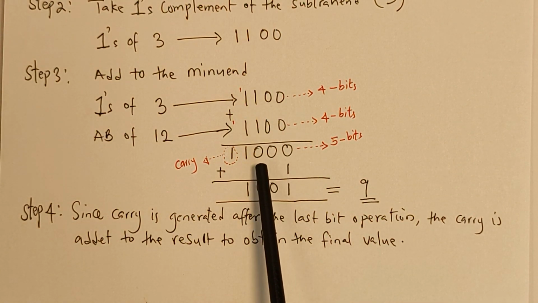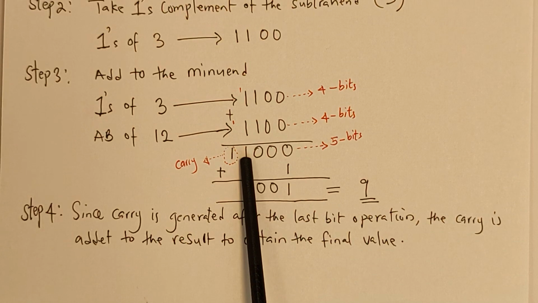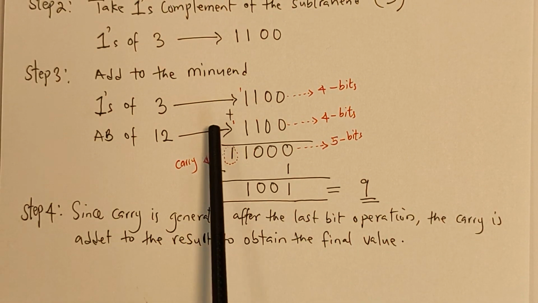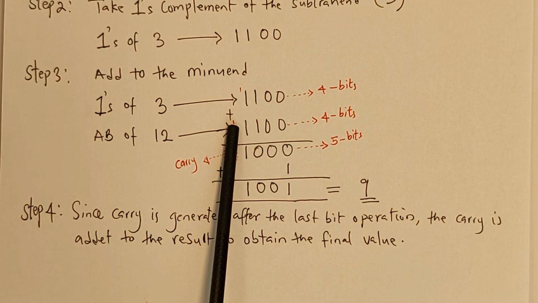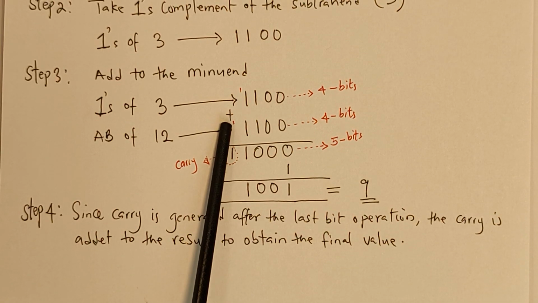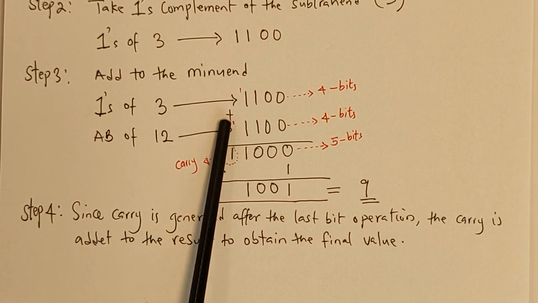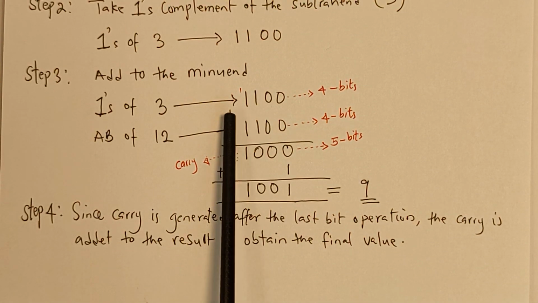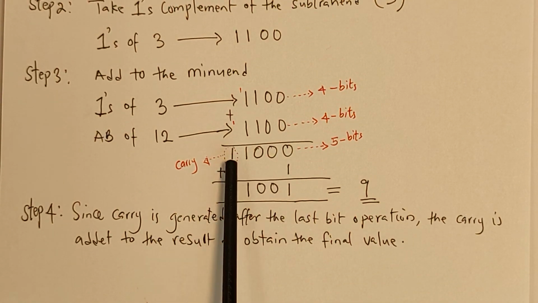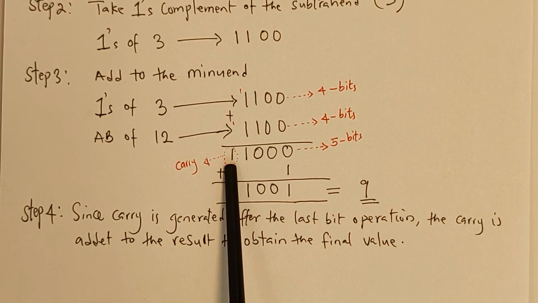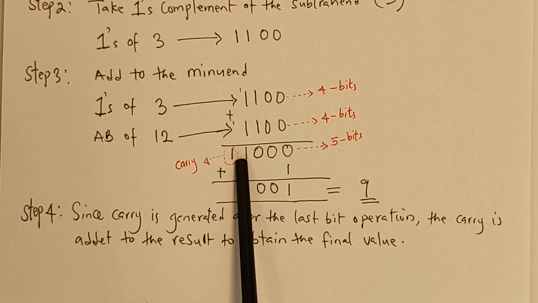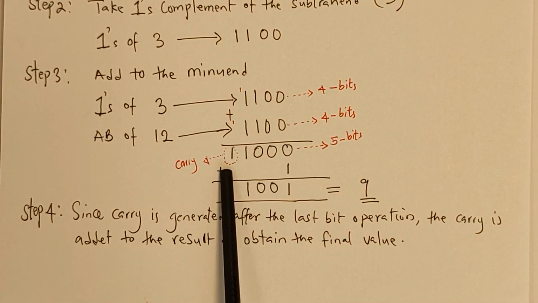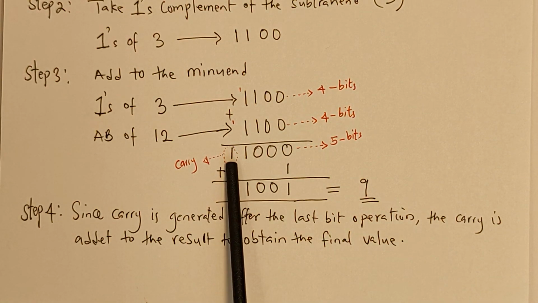We're going to have 1 with a carry of 1. So this little indication is the carry we have generated from the last operation we performed. Since carry is generated, we just bring it down to this point. So we have 1. This one that we have here is nothing but the carry that's been generated.